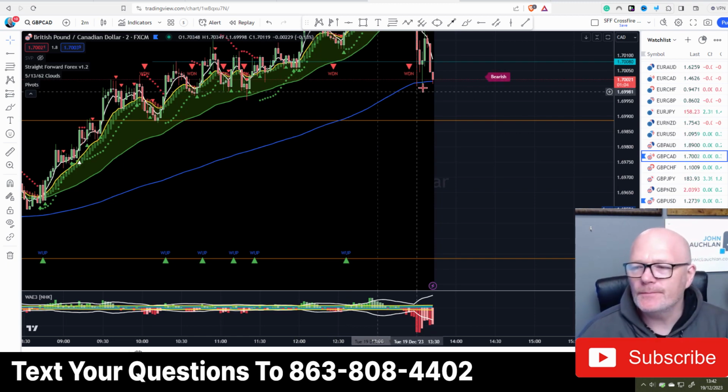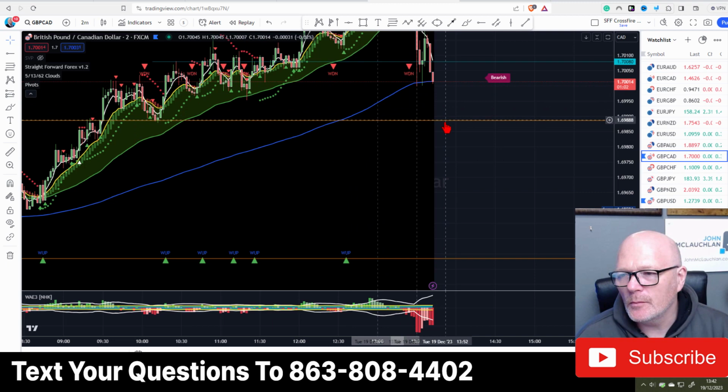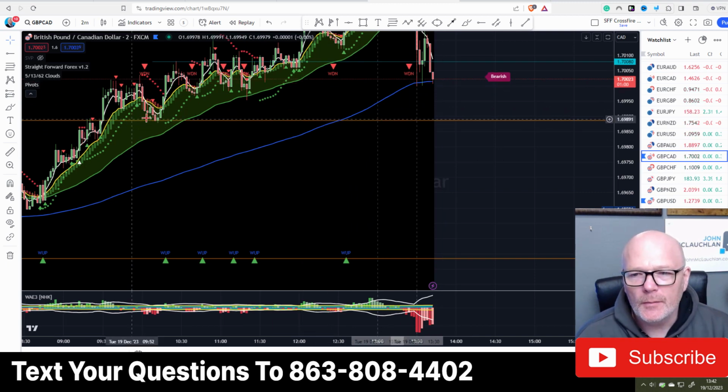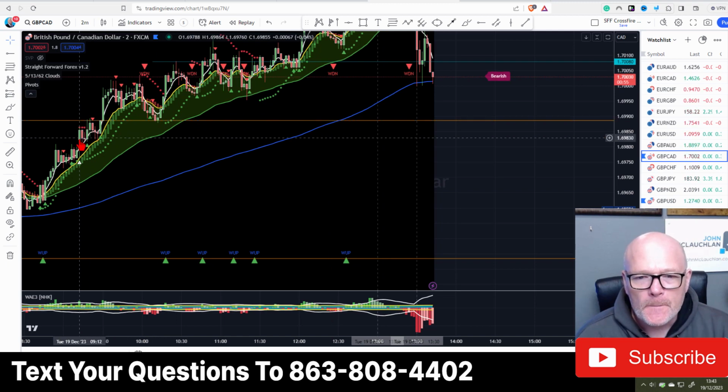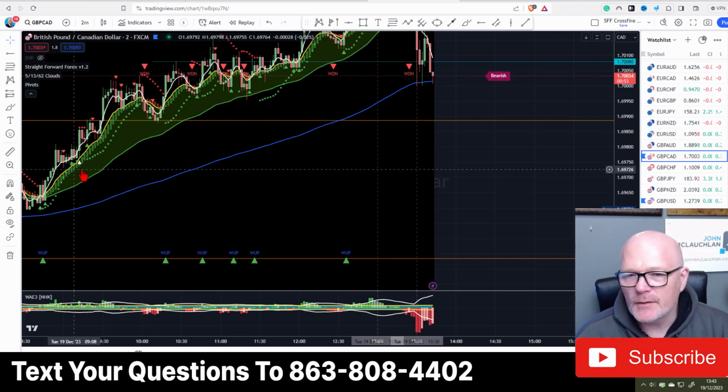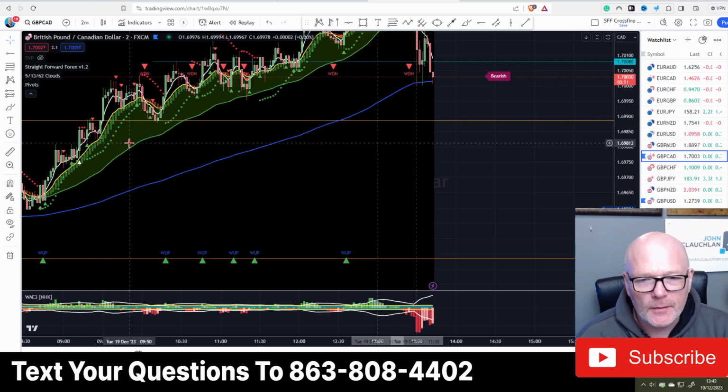If we look at this, we say, okay, maybe price can come down to this pivot line, because that's an area of interest. Bounce, bounce, bounce. And then you've got to see, where's the next one? Have we got any imbalance in here? I reckon we've got a little bit of imbalance there.